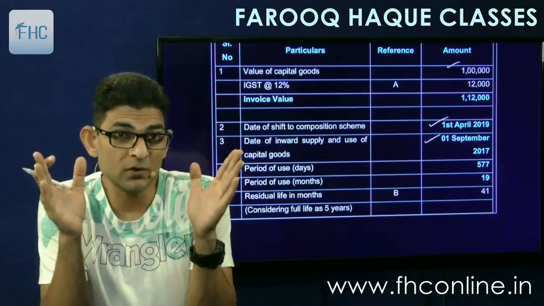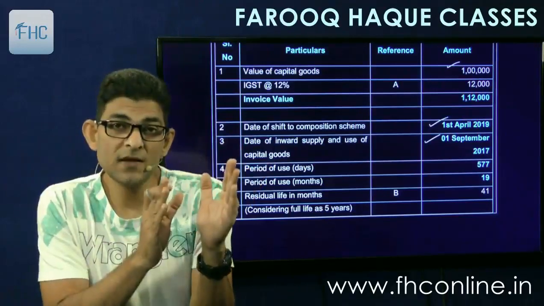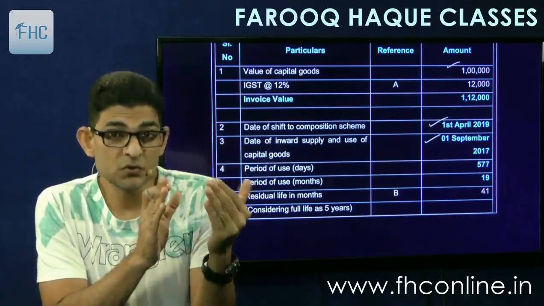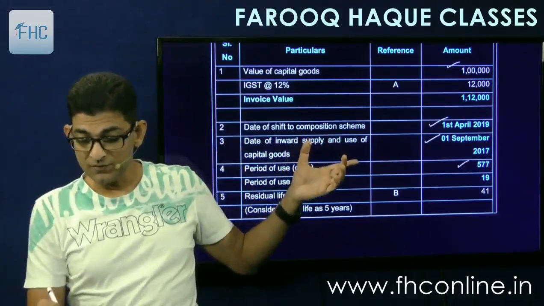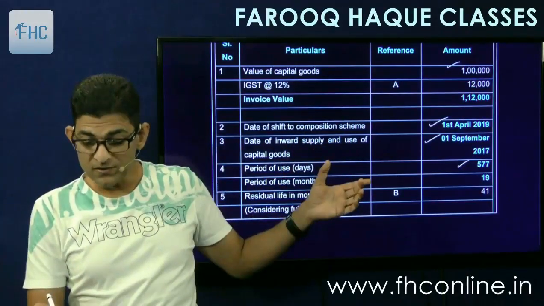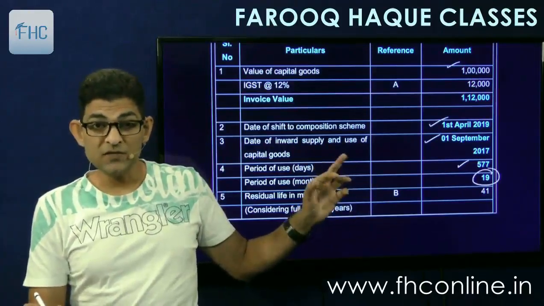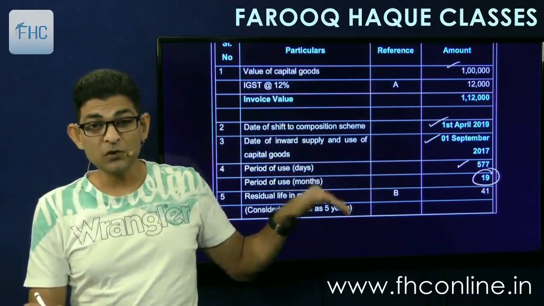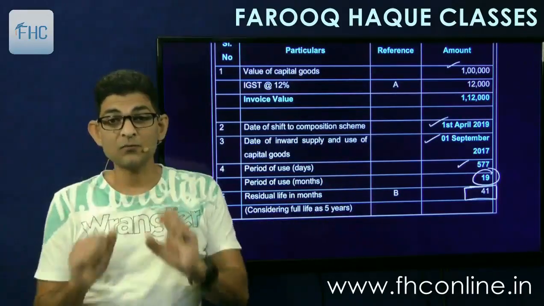So we take total 60 months as the life of the asset. Now you see how many months it has already been used. So if you calculate the actual period in days, it comes to 577. In months it comes down to 19. Out of 60, 19 months has been used, so 41 is the balance. Residual month is 41. This is what we have to reverse.